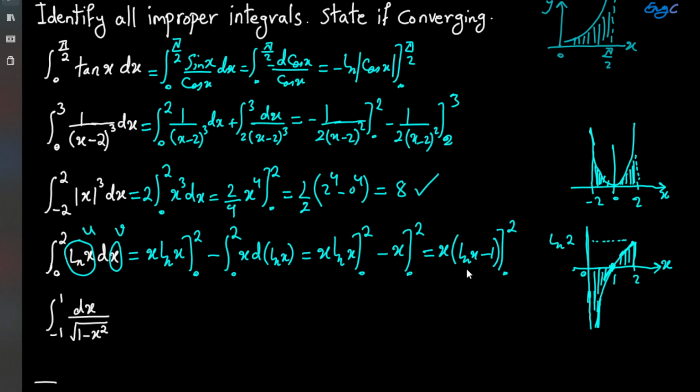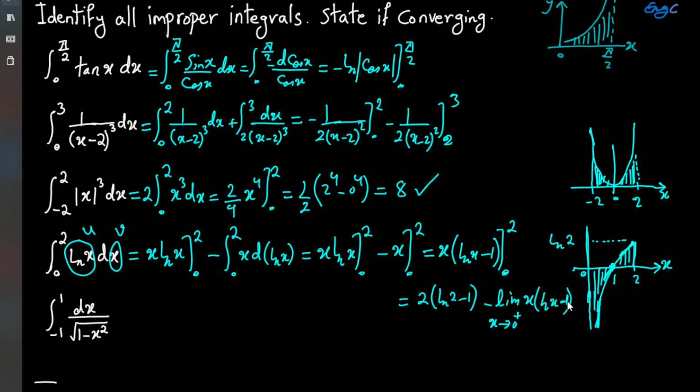Now the problem is the lower limit 0, because we have to deal with the upper one, 2 ln 2 minus 2, which is of course no problem, but for the lower one you have to say minus the limit as x goes to 0 plus of x ln x minus x.